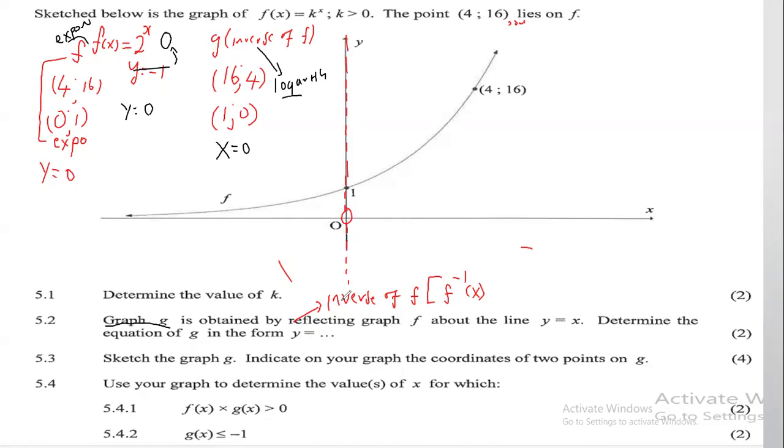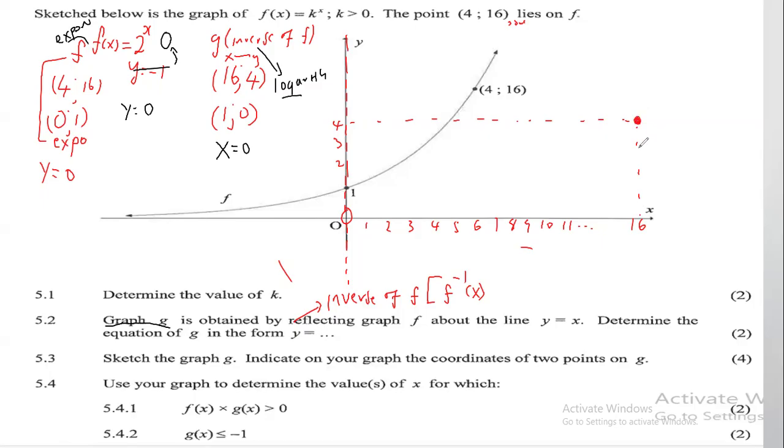Okay, now I know one of the points on the graph of g is 16 and 4. So I'm going to check where x is 16. Then we have 16 and 4. X is 16, y is 4. So 1, 2, 3, 4. Let me put this point 16 and 4 here.